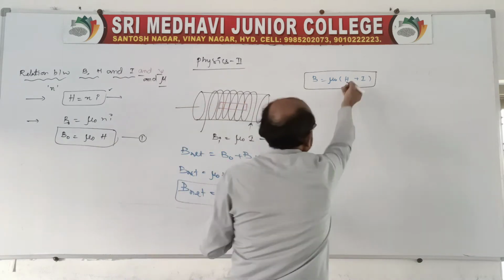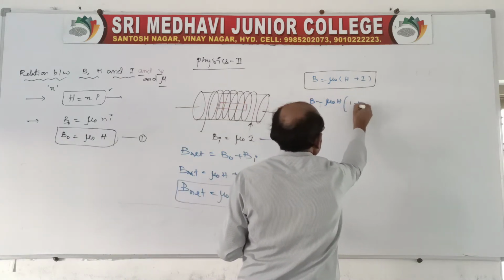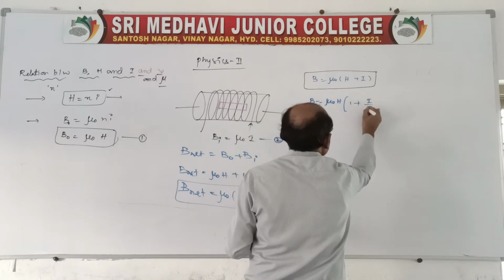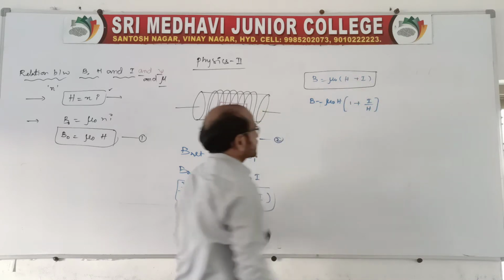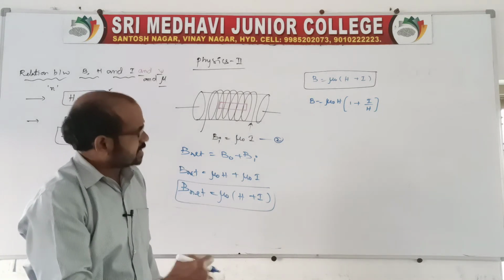Suppose from this you take capital H common, therefore 1 plus I by capital H, because we are taking capital H common, then it becomes I by H. We get one more relation.